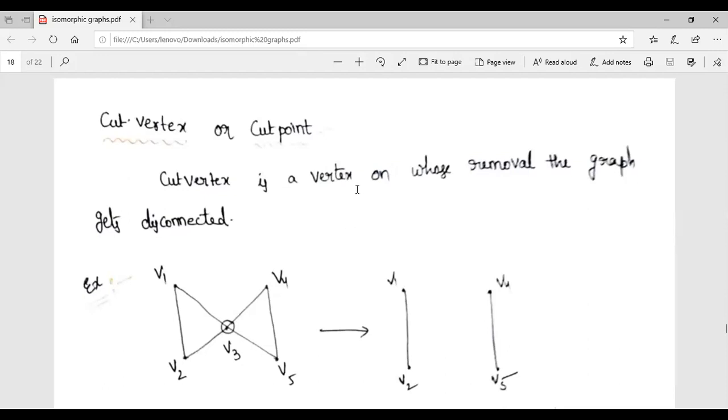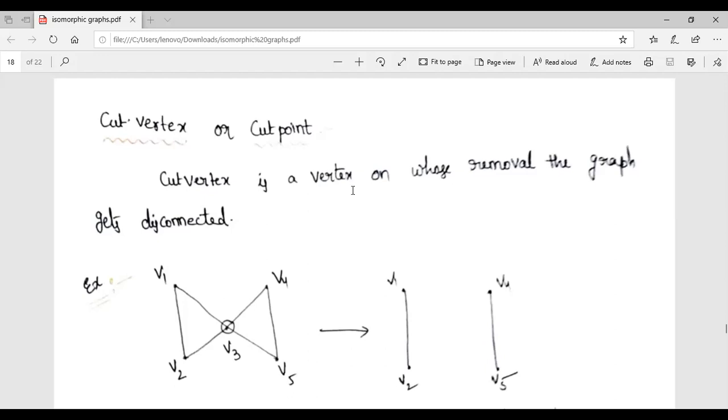That means with the removal of a vertex, the given connected graph becomes disconnected. That vertex is called cut vertex.